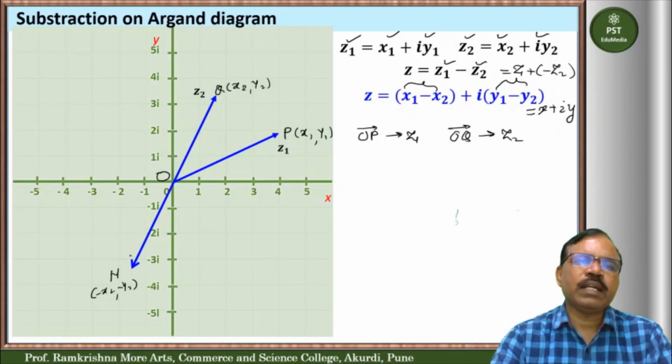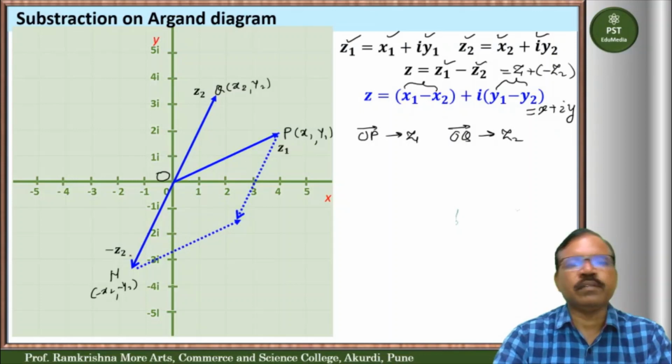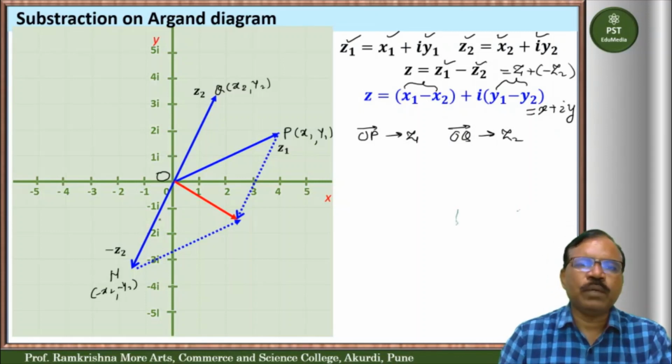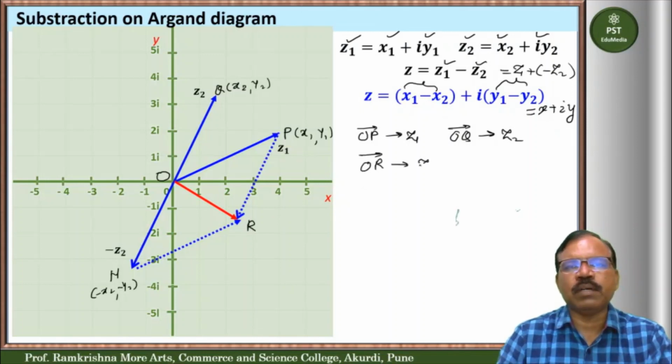So here we take vector parallel to ON and start from point P. Similarly we take vector parallel to OP and start from N. So we get parallelogram, and then this is diagonal of parallelogram. We can write this point as R. So OR vector represents OP plus ON.